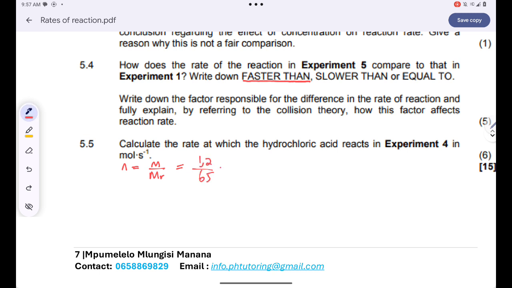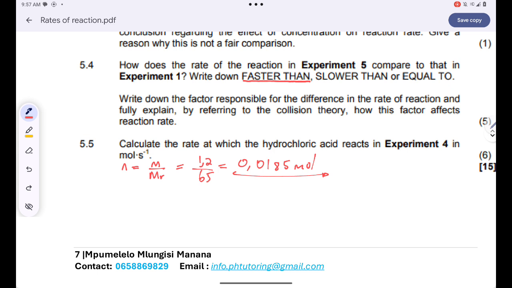The mass of my zinc was just 1.2. So I simply have 1.2 divided by 65. This will give me 0.0185 moles. So the initial number of moles for the zinc is 0.0185.